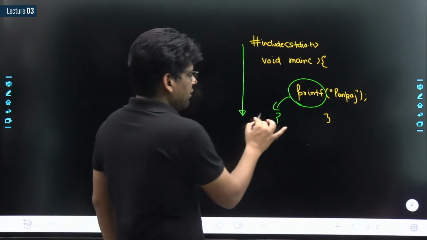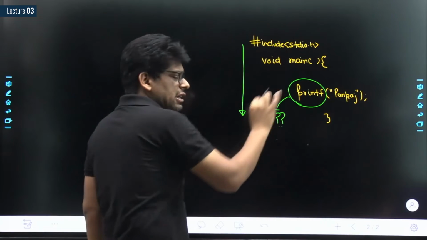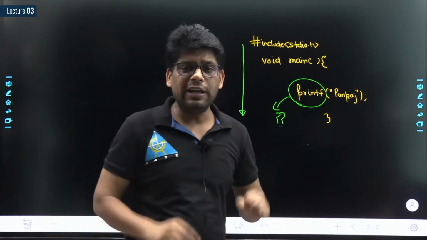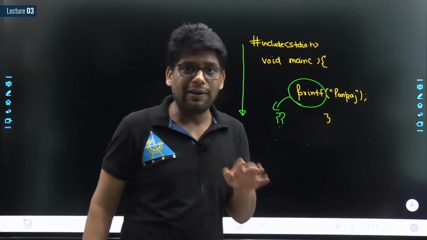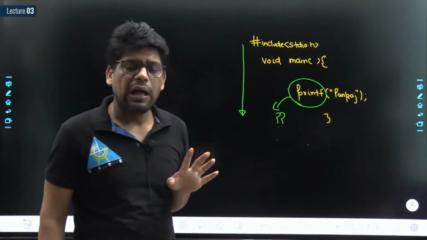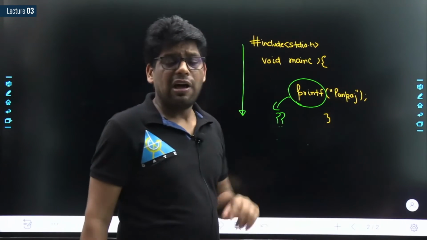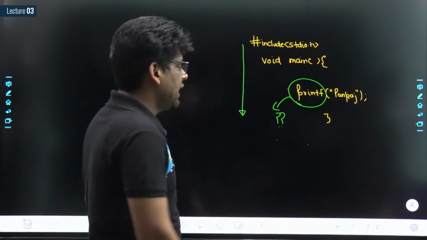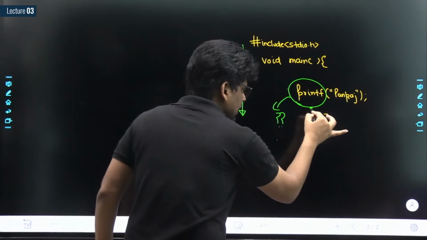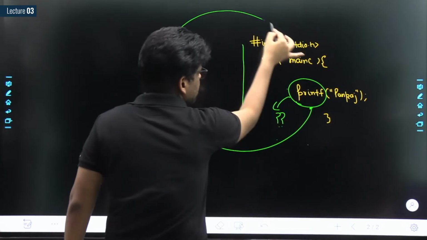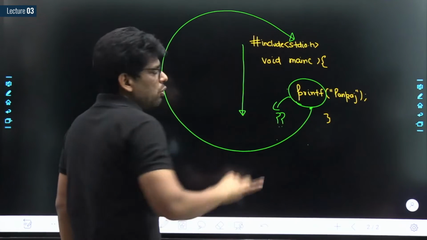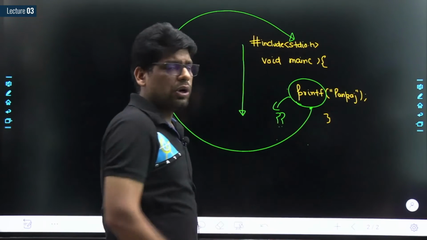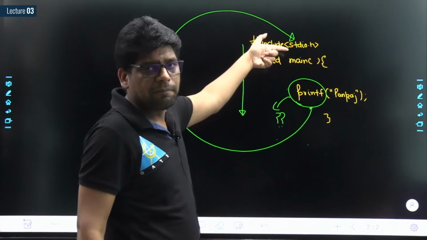Sir, then the compiler will ask, what is printf? Where is the information related to printf? Okay, you are using it, but the compiler will ask the same. Sir, all this information is stored inside this particular file.